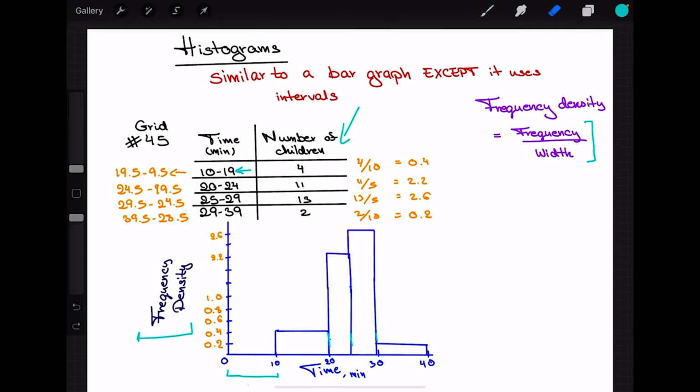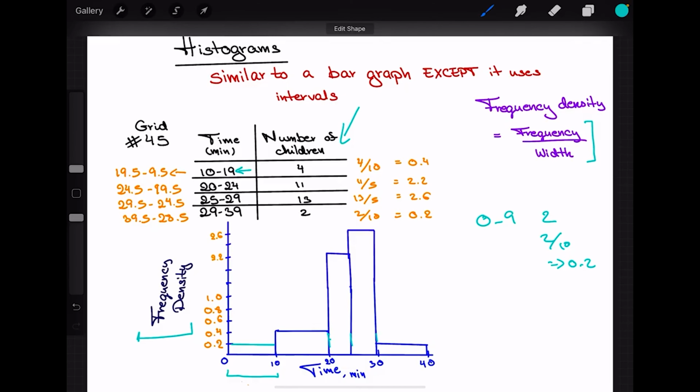That would be an option if, for example, there's an interval 0 to 9 with, for example, 2. So it'll be 2 divided by 10, 0.2. That is your frequency density, and this would be the bar for interval 0 to 9.